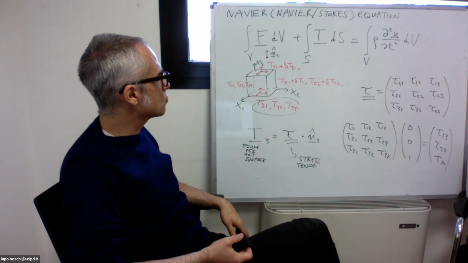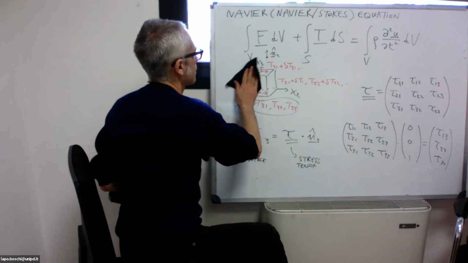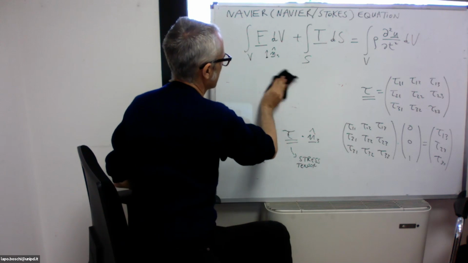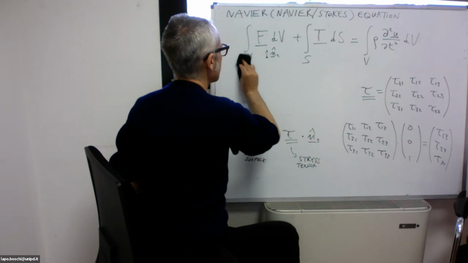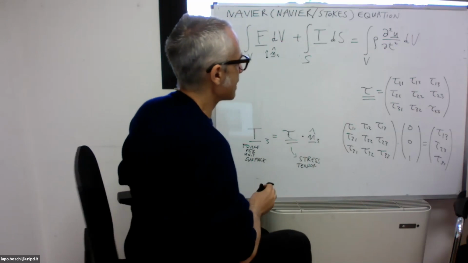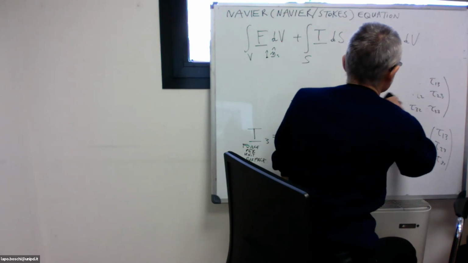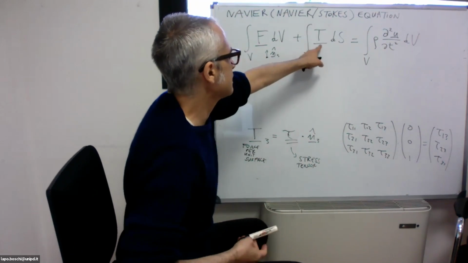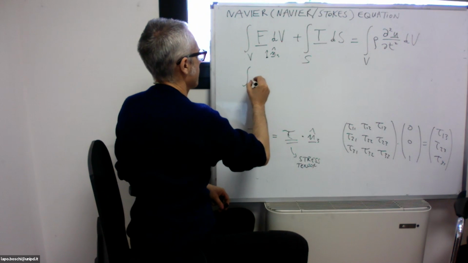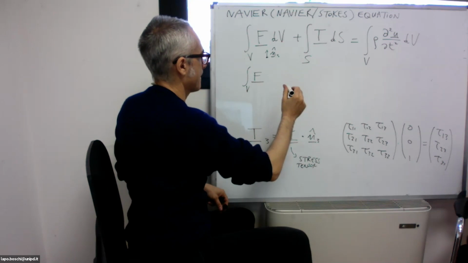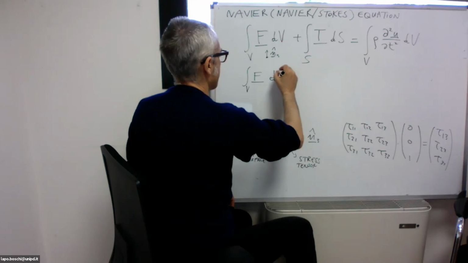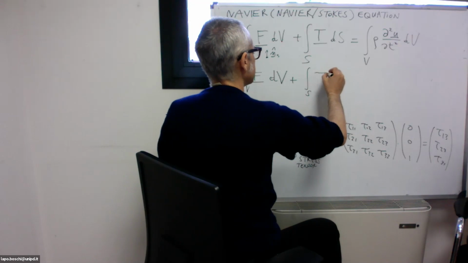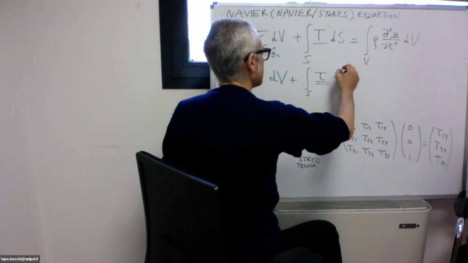But the reason I'm doing this is to give you a feeling of how the Navier-Stokes equation is derived. So the point here is that I can replace T here with tau dotted with n.